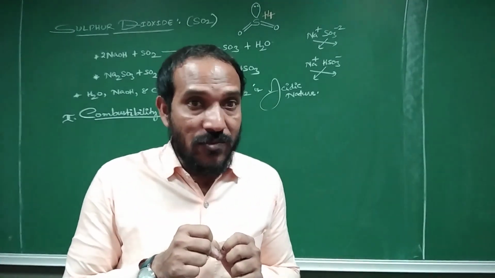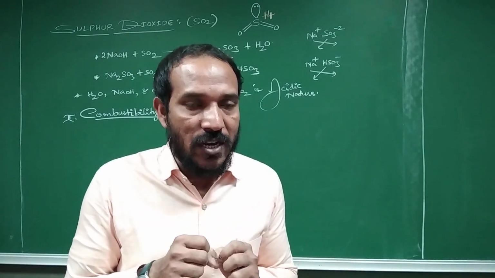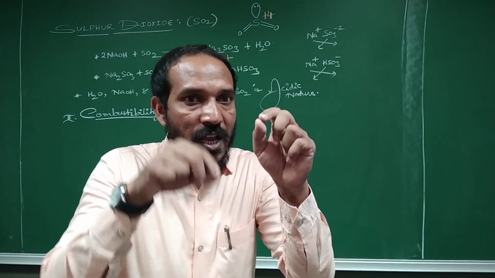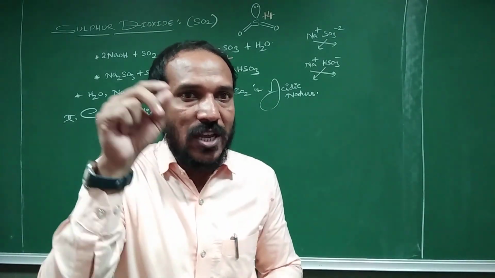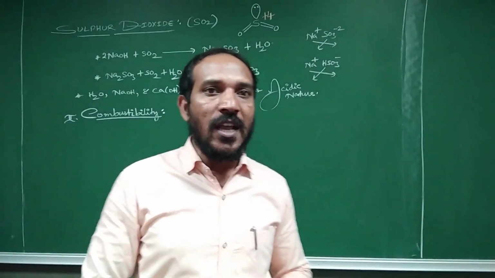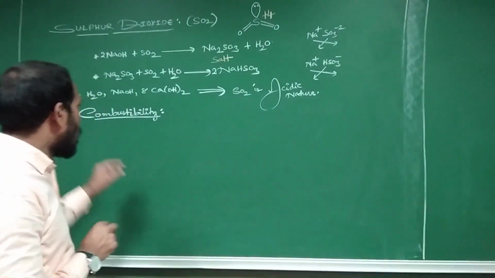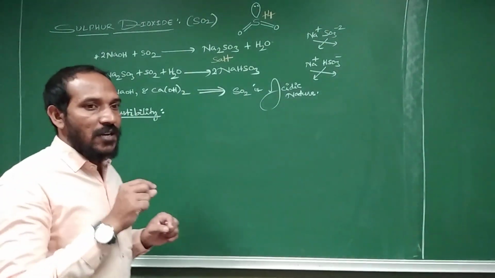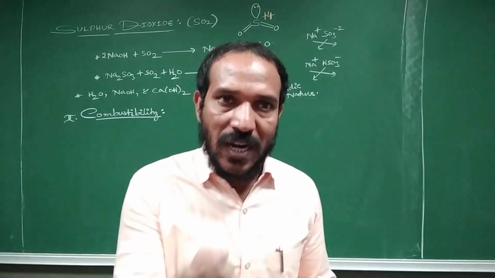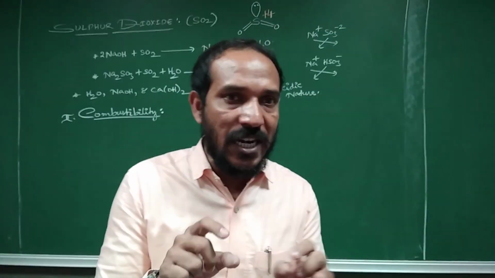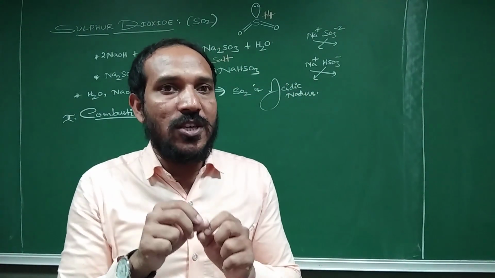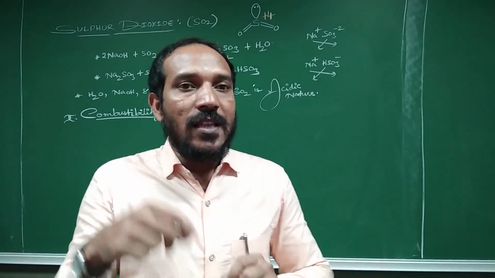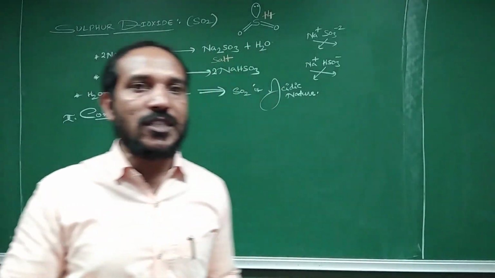It will attract or abstract oxygen from sulfur dioxide with respect to elements such as magnesium as well as what? Carbon. Are you getting my point? So sulfur dioxide neither undergoes combustion nor supports combustion, but oxygen can be abstracted from it by elements such as magnesium as well as what?